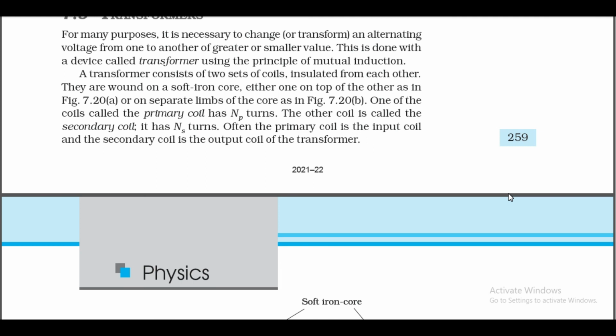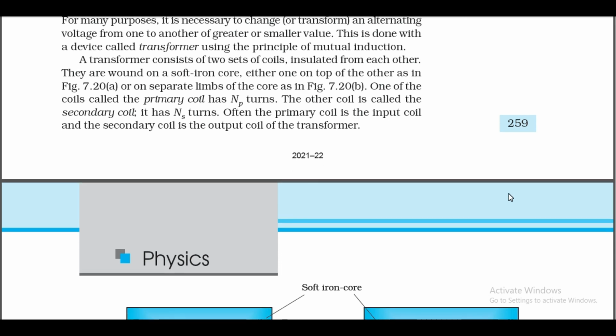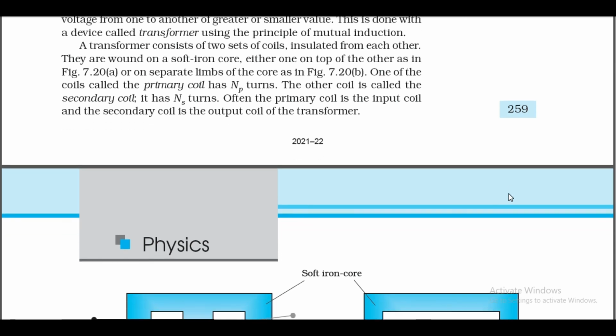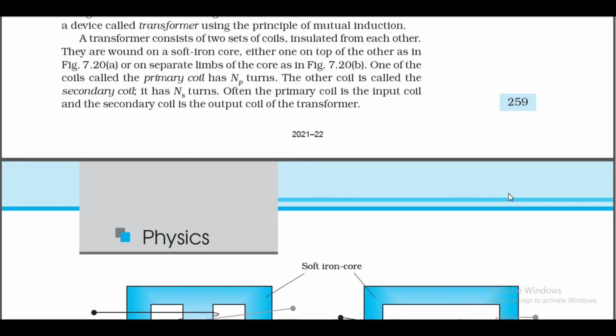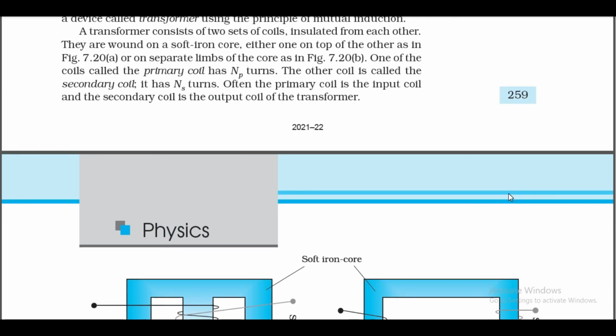One of the coils, called the primary coil, has N_P turns. The other coil is called the secondary coil. It has N_S turns. Often the primary coil is the input coil and the secondary coil is the output coil of the transformer.